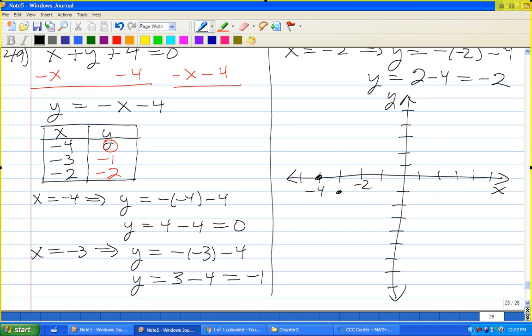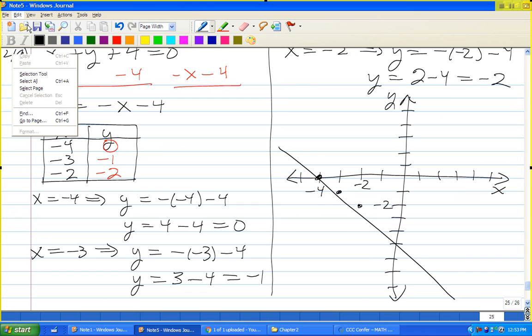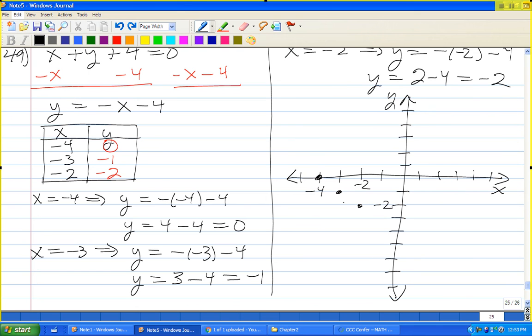At negative 2, we're at negative 2. And so it should look like this. Oh boy. Okay, let's try it again. Not bad. So this is x plus y plus 4 equaling 0.